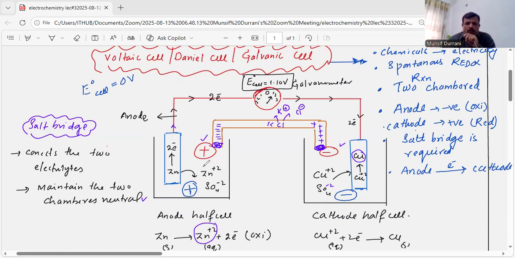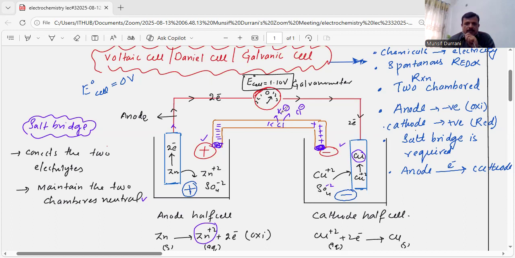To avoid such a situation, we use a bypass, that is the salt bridge. A salt bridge is a U-shaped tube, in which we use another electrolyte paste like KCl. We use an electrolyte whose cation and anion have almost the same transport number, or almost the same speed of migration towards the opposite ends.